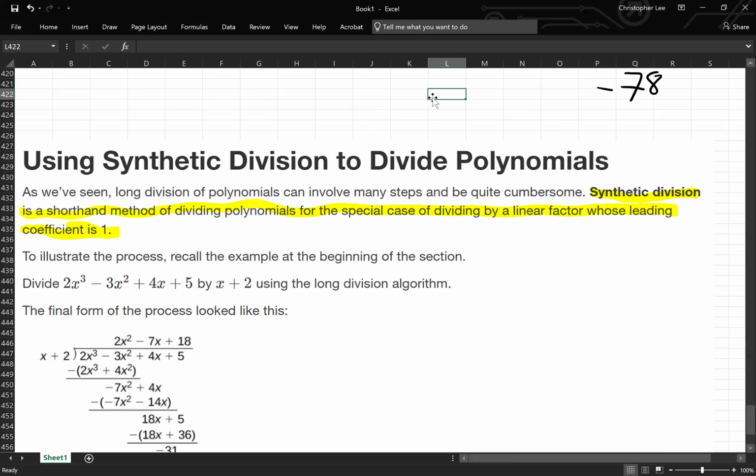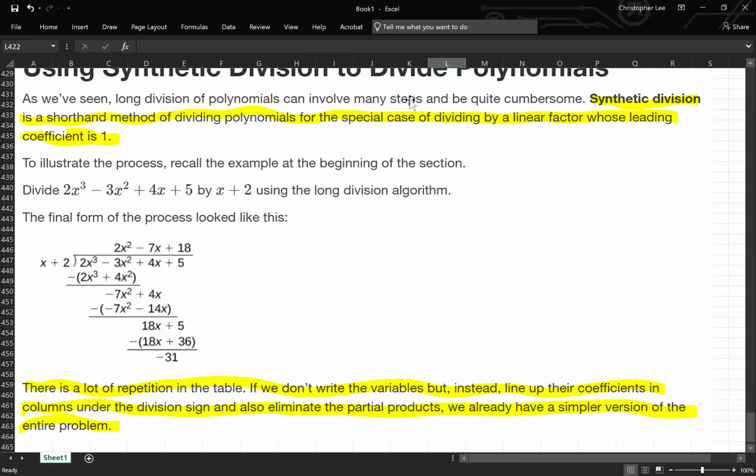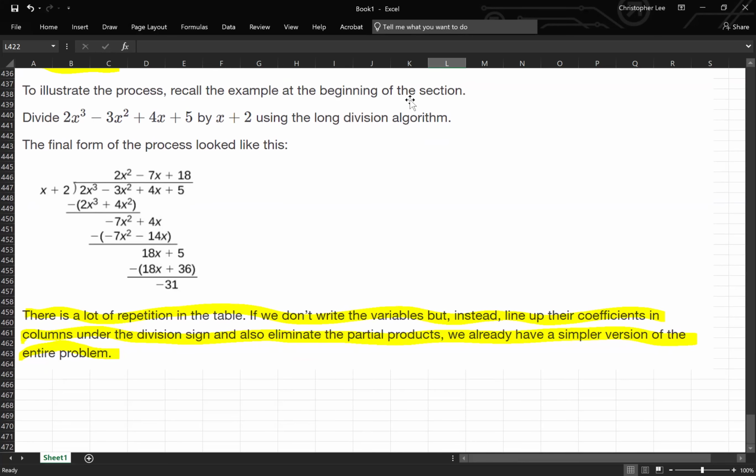To illustrate the process, recall the example at the beginning of the session, 2x cubed minus 3x squared plus 4x plus 5, divided by x plus 2 using the long division algorithm. The final form was 2x squared minus 7x plus 18 with a remainder of negative 31.